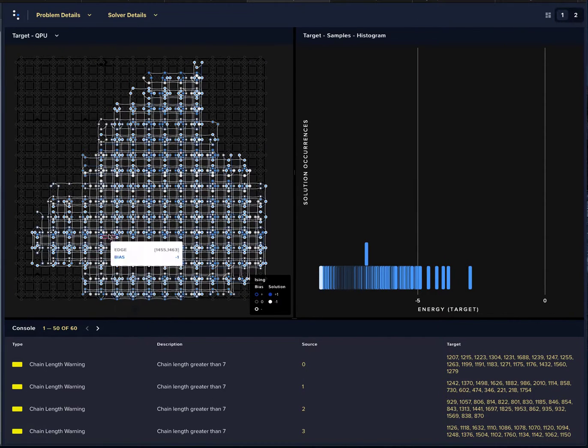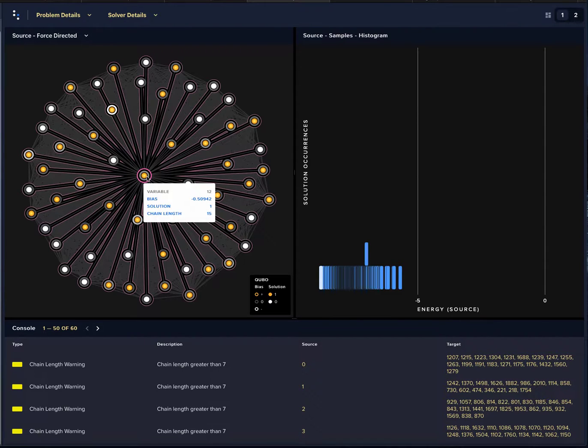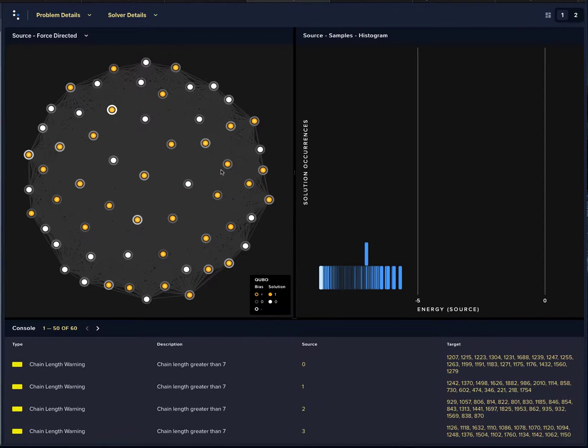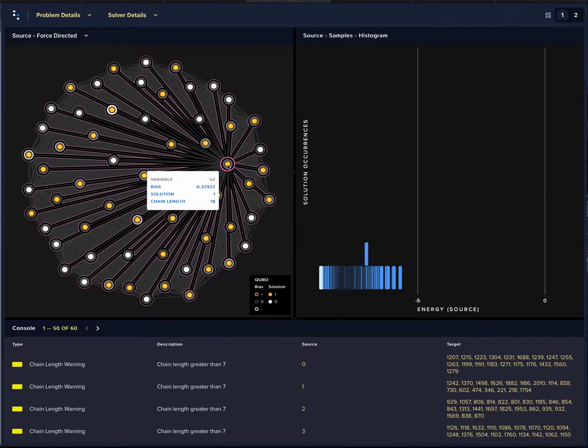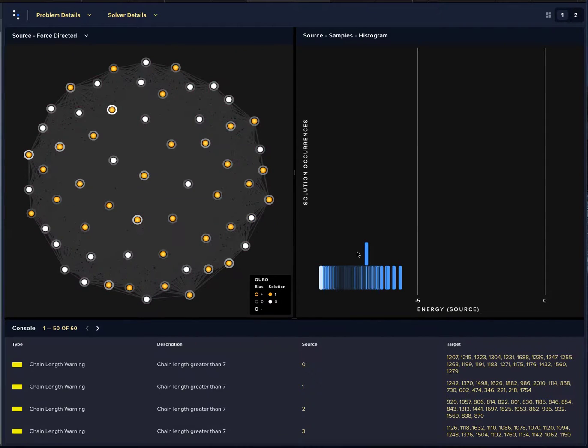But what I want to point out here is take a look at that shape. And if we were to look at the force directed, this is where you see the solution. The solution connects these different qubits. Anything that's yellow was chosen, which is great. And now you see the energies that were pulled out are more concentrated.